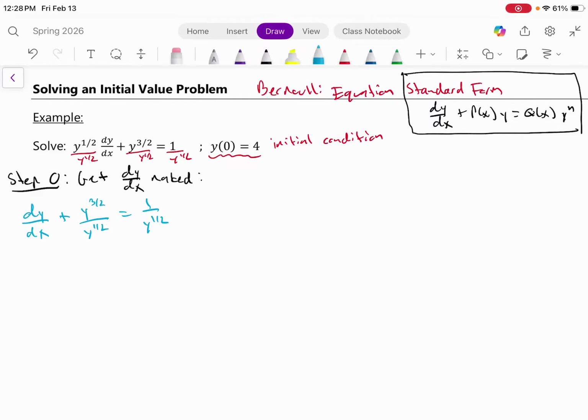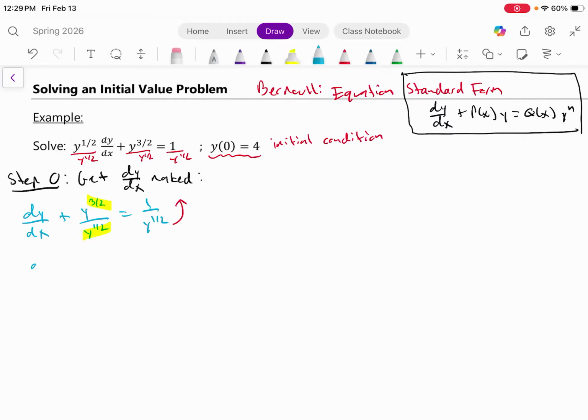All right, so let's clean up a couple of things. y to the 3/2 divided by y to the 1/2 works out well for us, and that just becomes y. And we're going to bring up that y to the 1/2 to give us our clean-looking n.